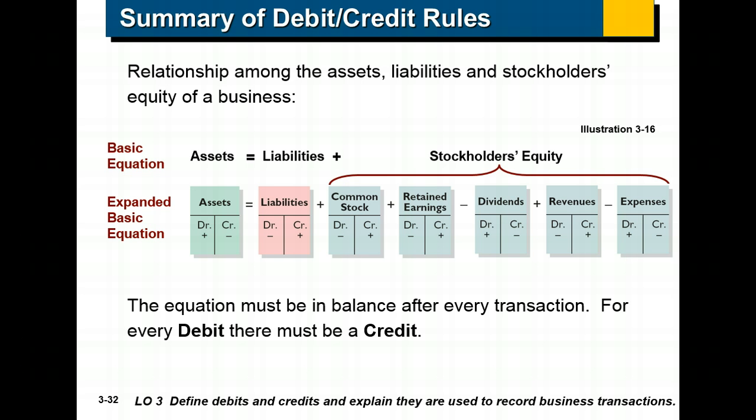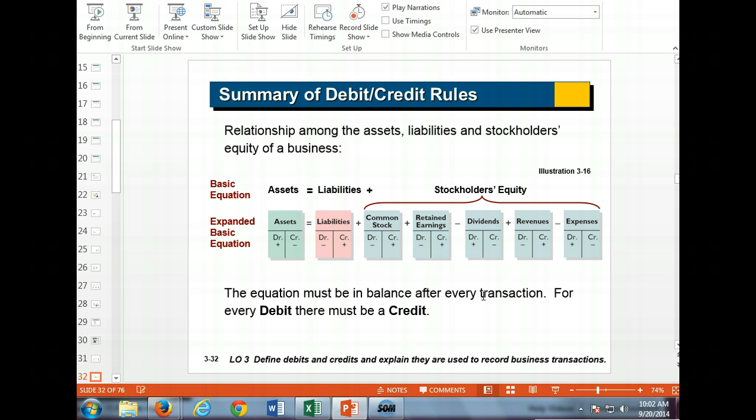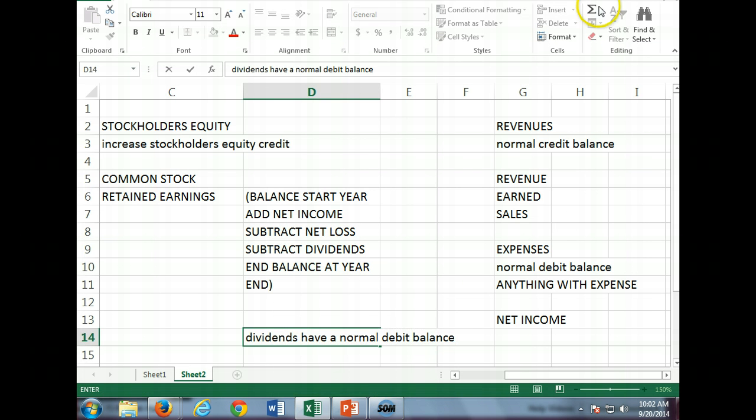Retained earnings has a normal credit balance. But if we pay out dividends, that's going to have a normal debit balance. Expenses are going to have a normal debit balance. And our revenues are going to have a normal credit balance. I am going to stop now and we are going to start doing some problems. We've just looked through a ton of information here.